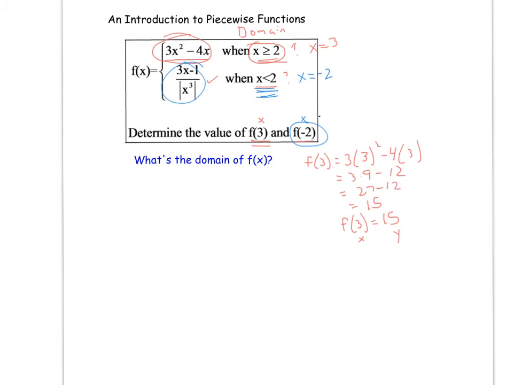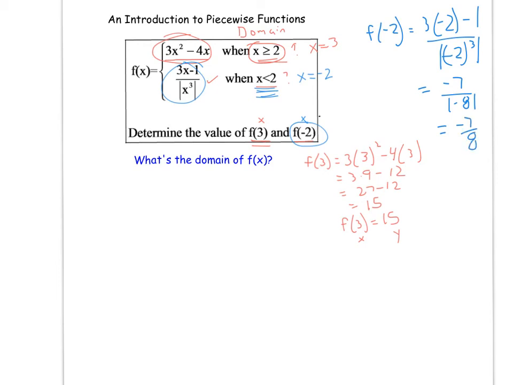When I find f of negative 2, I'm going to have 3 times negative 2 minus 1, all over the absolute value of negative 2 cubed. So in the numerator, negative 6 minus 1 is negative 7, and in the denominator, I have a negative 8 inside. The absolute value of negative 8 is positive 8, so that's negative 7 over positive 8.